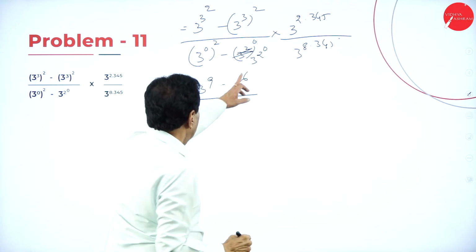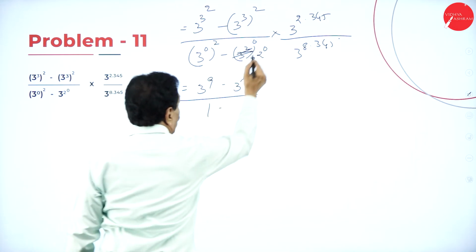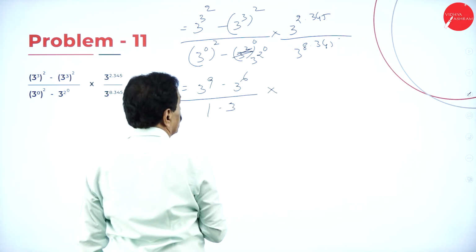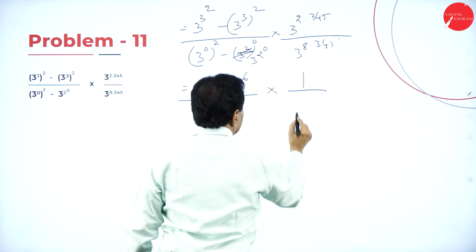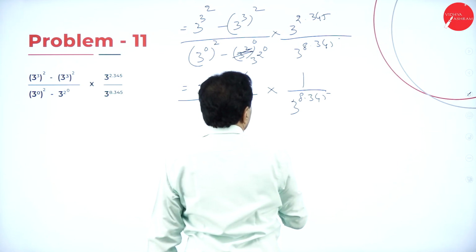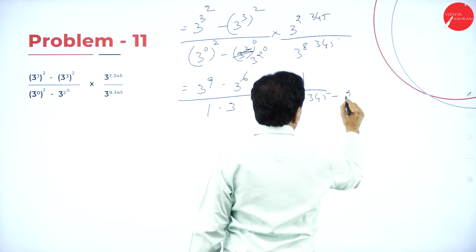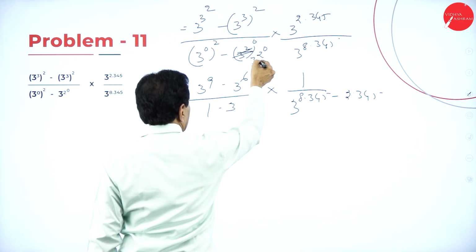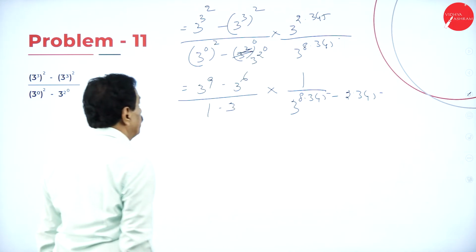Anything to the power of 0 is 1. This is 3 into 1 over 3 to the power of 8.345 minus 2.345. Anything to the power of 0 is 1. 3 to the power of 1 is 3.